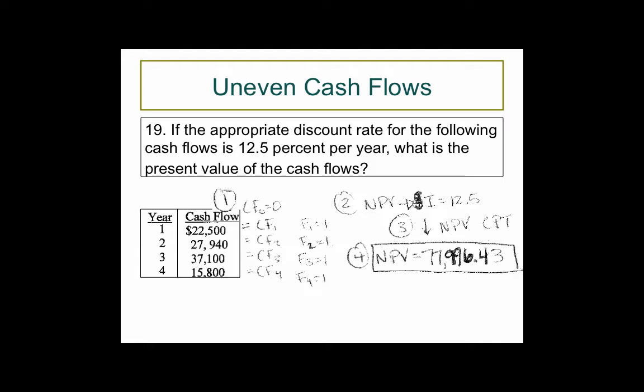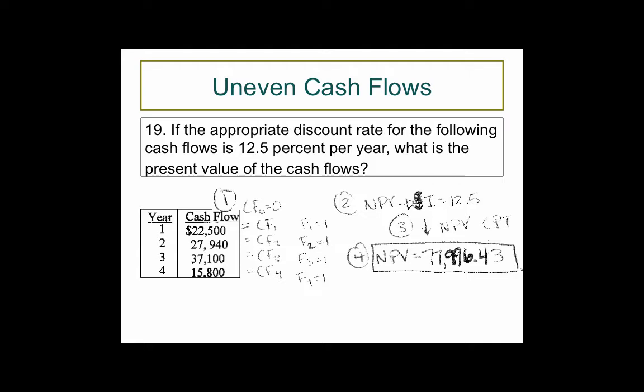And so you go to cash flow 2, put 27,940 in, hit enter. You jump right over the frequency again to cash flow 3, 37,100. Go to the last cash flow, which is 15,800, and lock all those in by hitting enter.